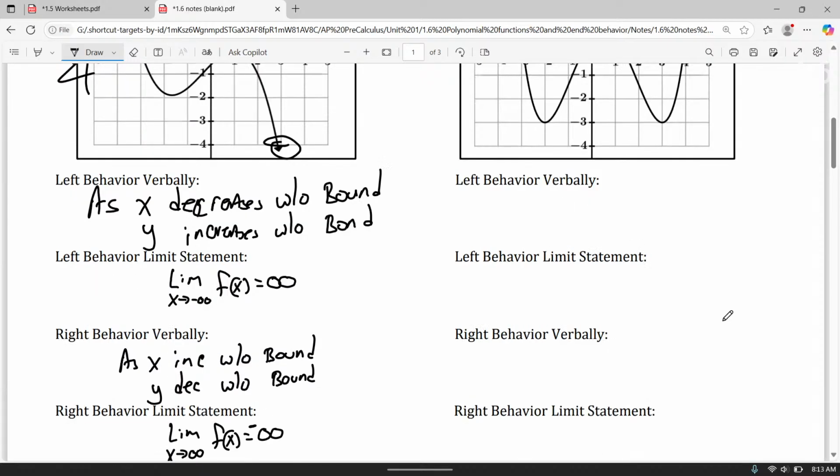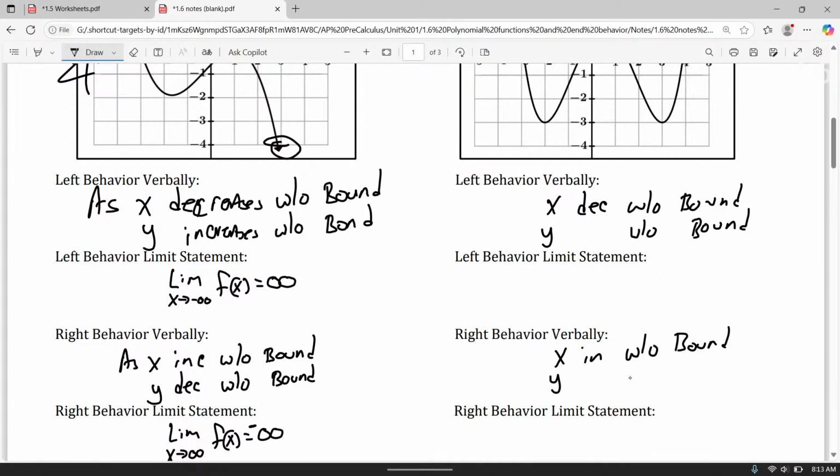So here's verbally. X goes left, decreases without bound, y without bound. X increases without bound, y increases without bound.